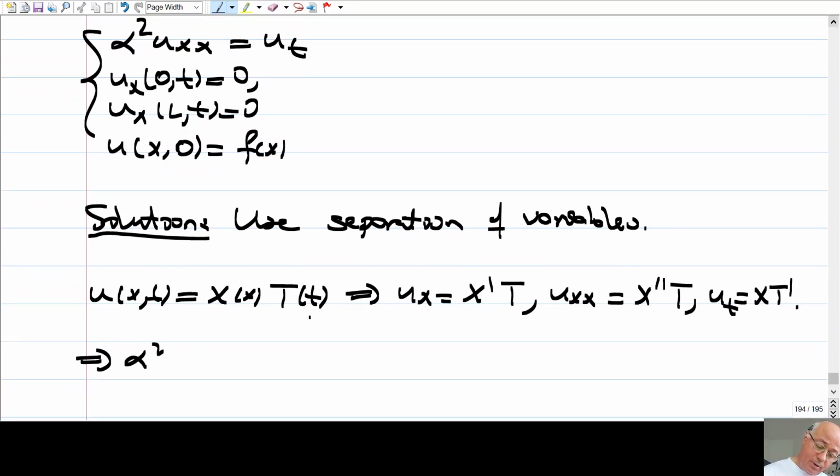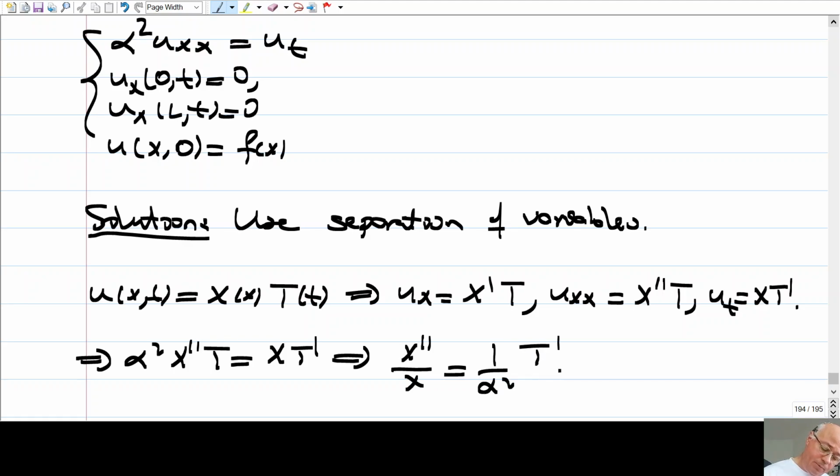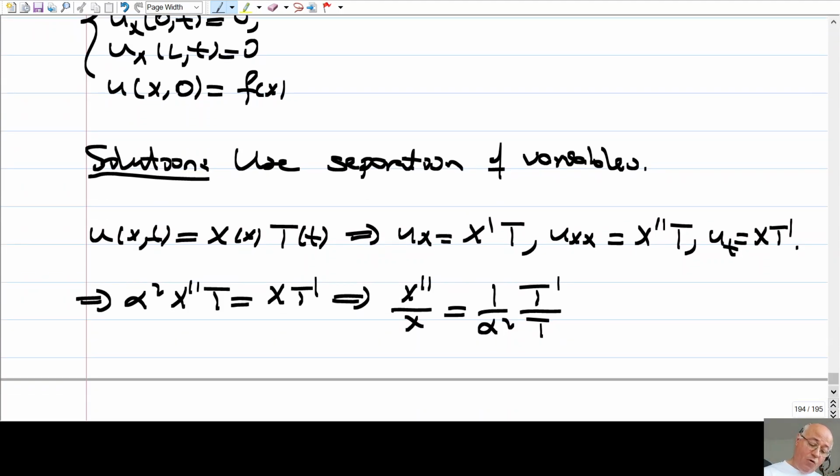Alpha squared X double prime T is equal to X T prime. From this we get X double prime over X is equal to 1 over alpha squared T prime over T. And as before, since this is a function of x and this is a function of t, they are functions of two independent variables.